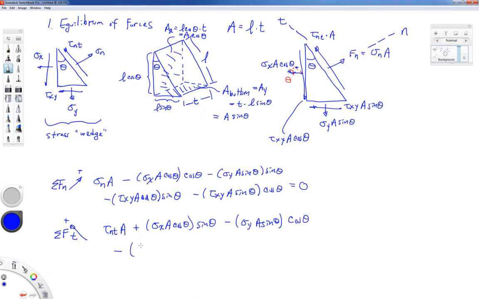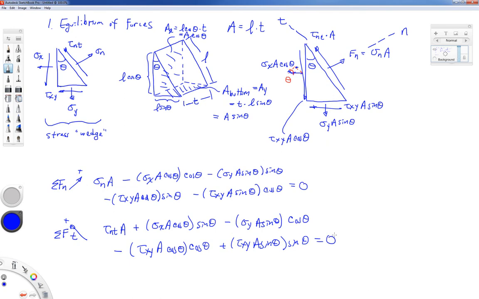And then in the negative direction, tau xy A cosine theta, with the cosine theta component, and then plus tau xy A sine theta in the sine theta component, equal to 0 for equilibrium.